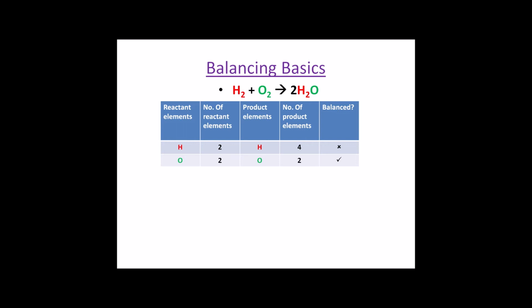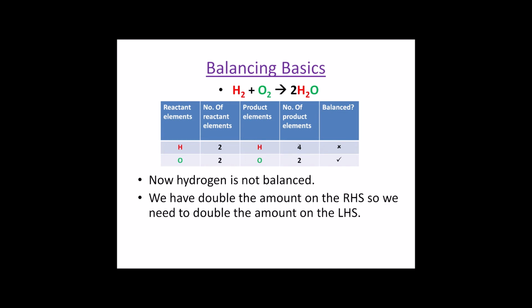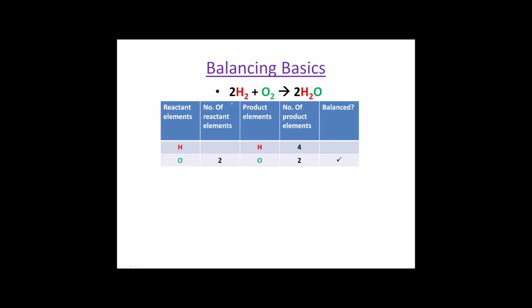Although our hydrogens aren't balanced now, we can see that we've got double the amount of hydrogens on the right hand side compared to the left hand side, so we need to double the amount of hydrogens on the left hand side. So we do that by putting a big number 2 in front of the H2, and that gives us 2 times 2 hydrogens on the left hand side, which is 4, 2 times 2 hydrogens on the right hand side, which is 4, so it's balanced.